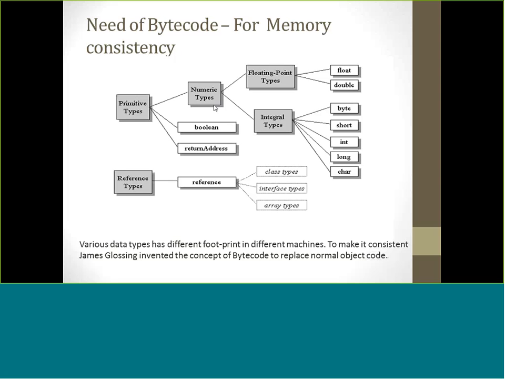If it is a SPARC architecture, an x86 or Windows machine, or a Linux machine, that depends on the operating system and the underlying configuration and methodologies used at the time of inventing that operating system. So a particular data type, let's say integer or float, may have different requirements on different architectures and machine configurations.